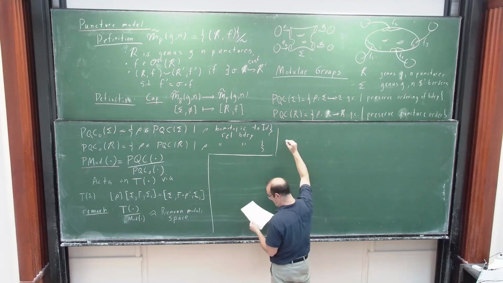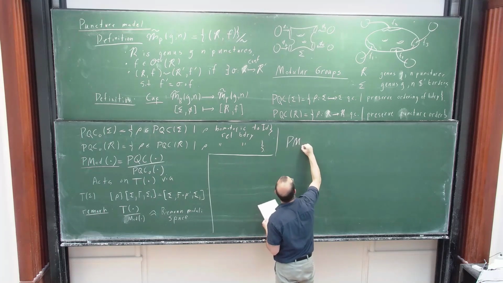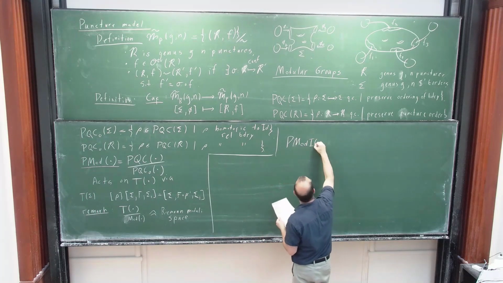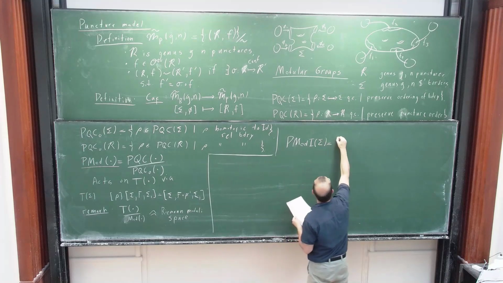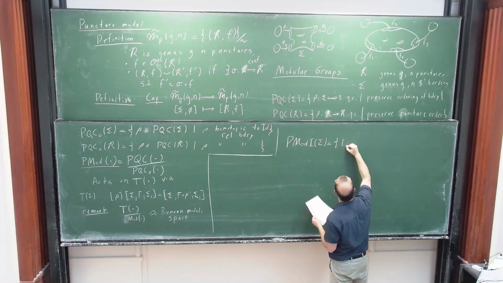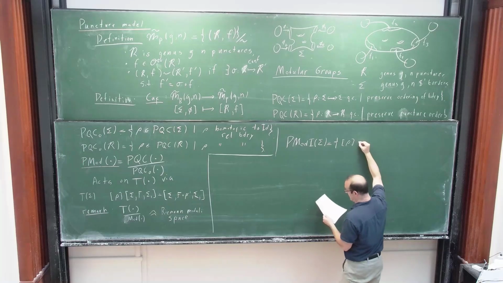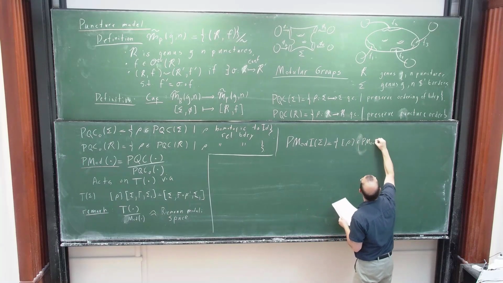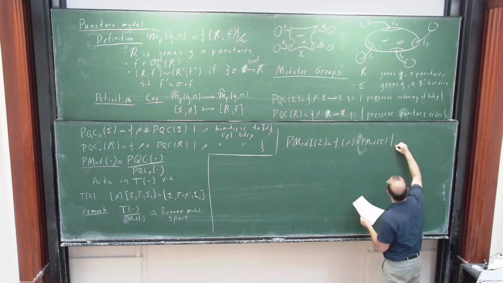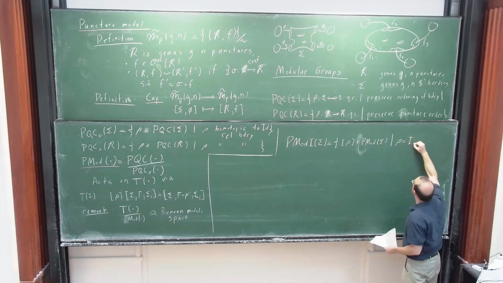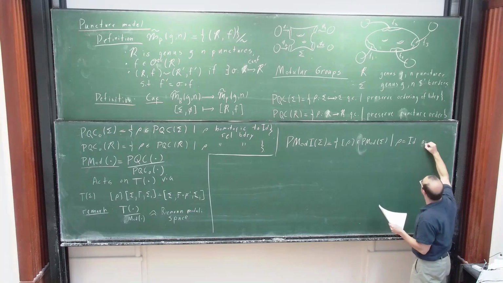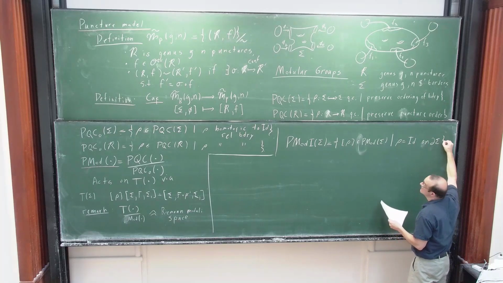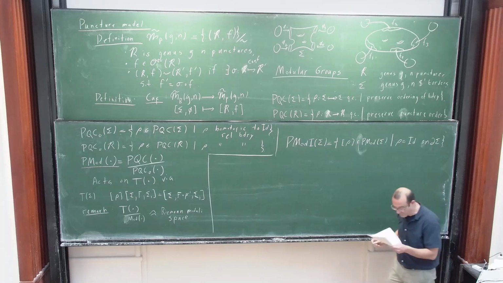So PMod I, maybe you're guessing what this is. Cool. So we're looking at the set of rho in PMod such that the representatives are the identity on the boundary. It's almost inevitable.